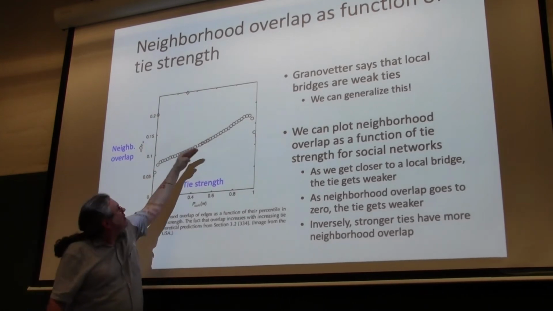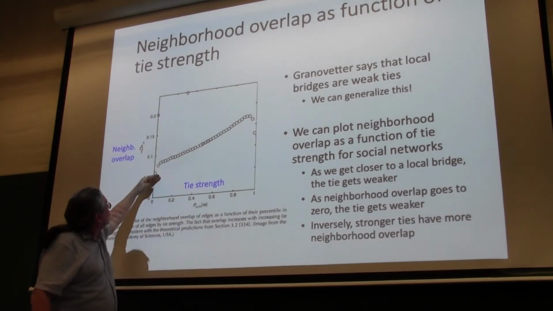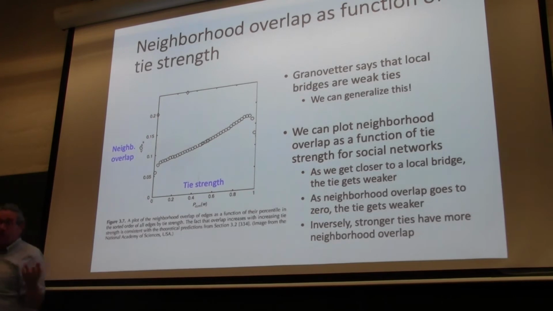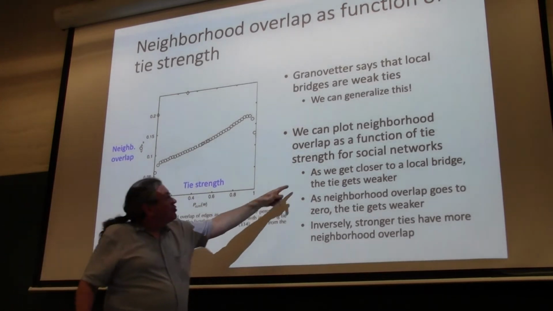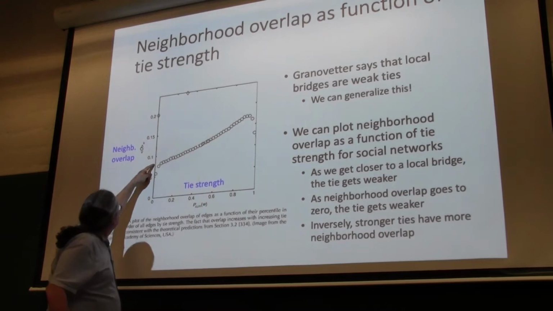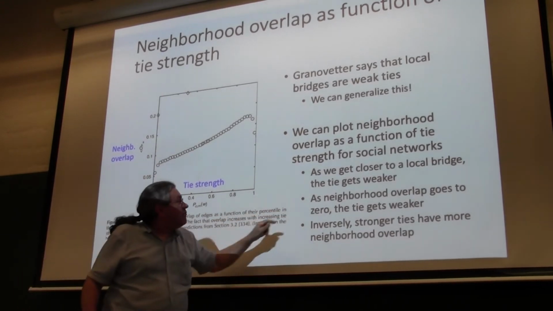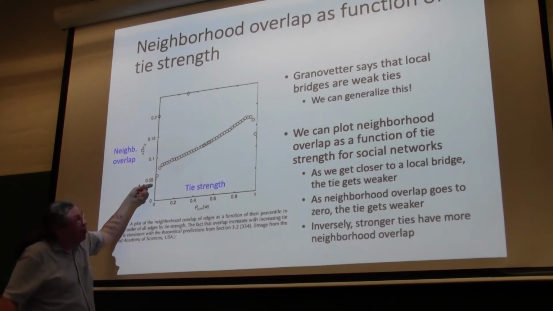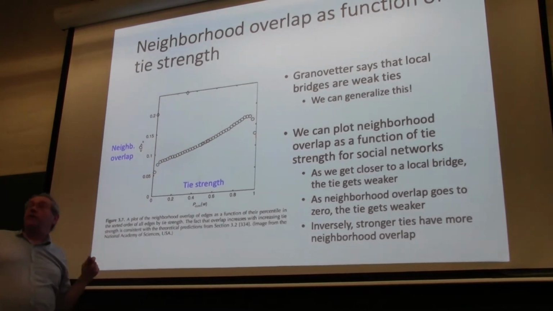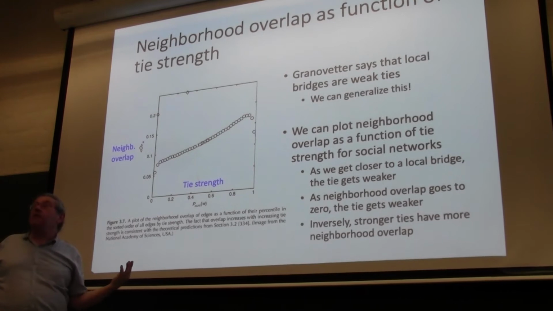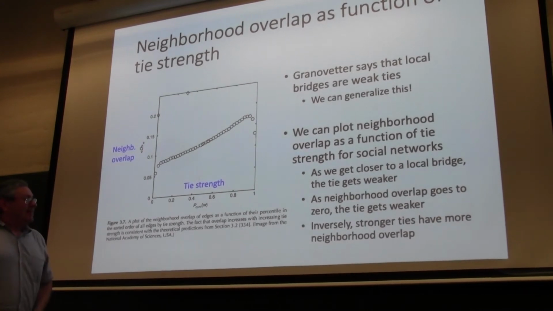So you see, the function is going up. It's like saying the same thing as Granovetter, but now with numbers. As we get closer to a local bridge, the tie gets weaker. So as the neighborhood overlap goes to 0, the tie gets weaker.